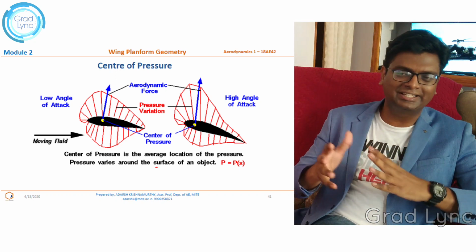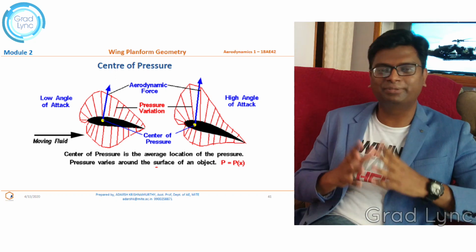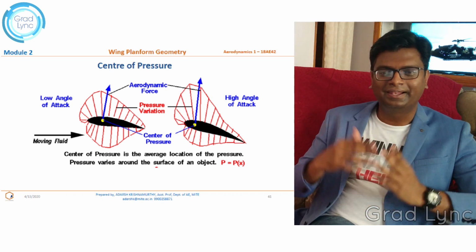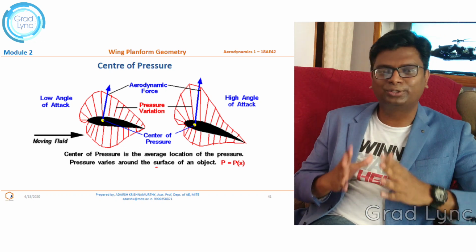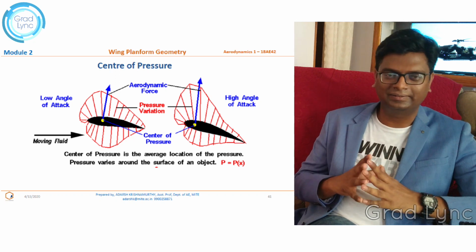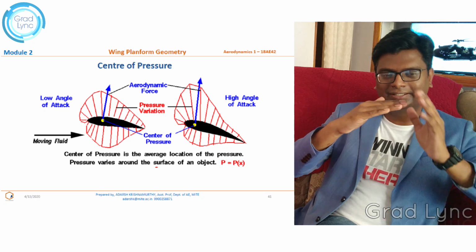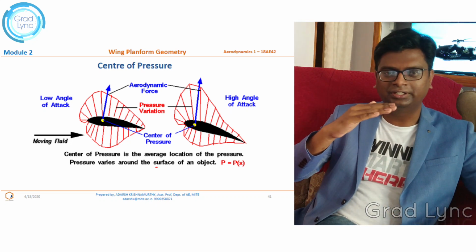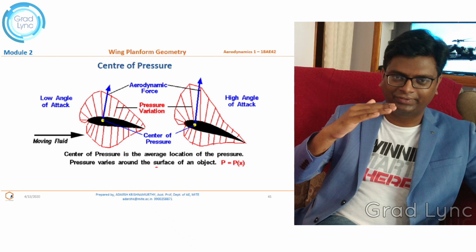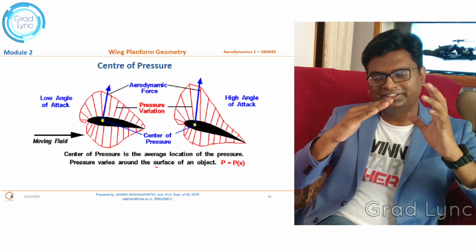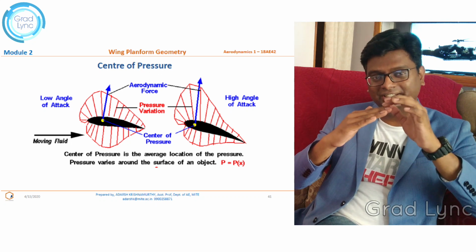So the moment I change the angle of attack, center of pressure changes, because, let's say I increase the angle of attack from 2 degrees to 5 degrees, right? So what happens is, when it was at 2 degrees, there was a pressure distribution based on the velocity. Now if I increase it to 5 degrees, the pressure variation changes because velocity is changing.